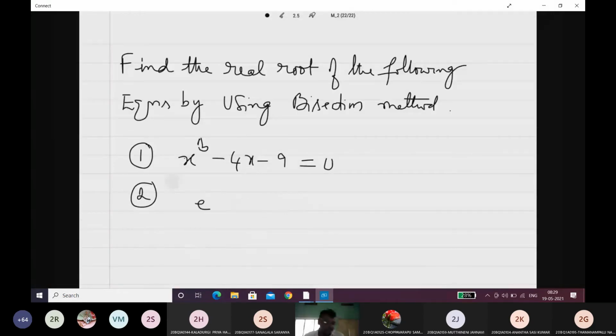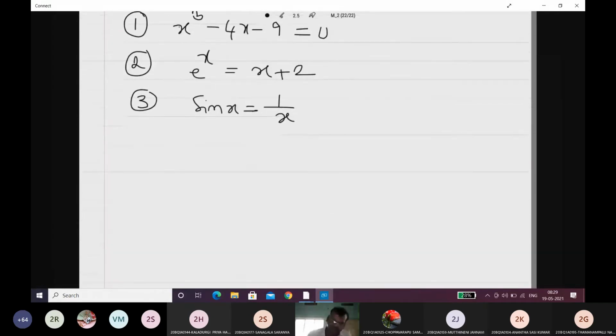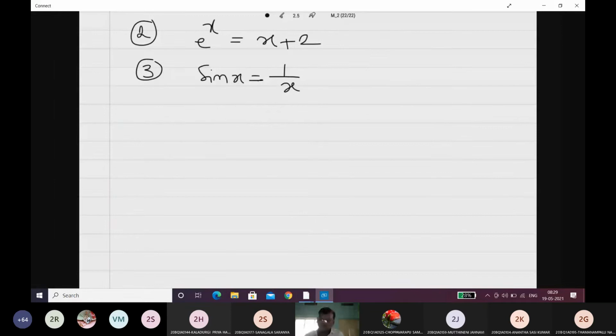Okay. Now, again, we move into the next one, the method of false position, or regular falsi method.